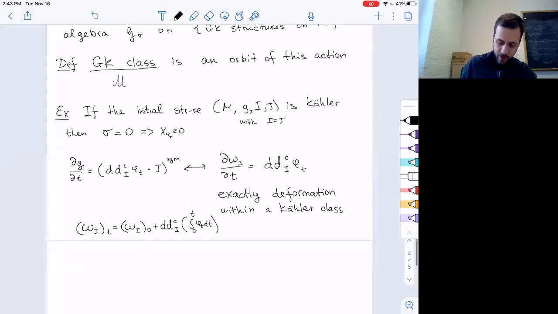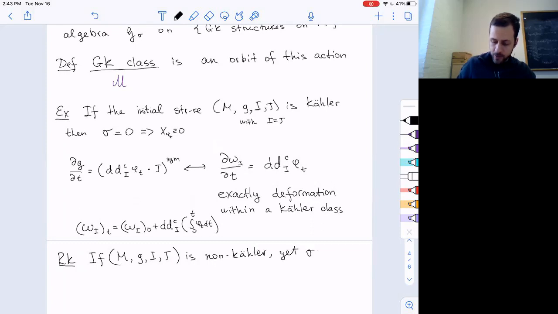Maybe I'll make a little remark, that you can actually consider the case when M, g, I is maybe non-Kähler, yet sigma is 0, and these are known as the commuting case.